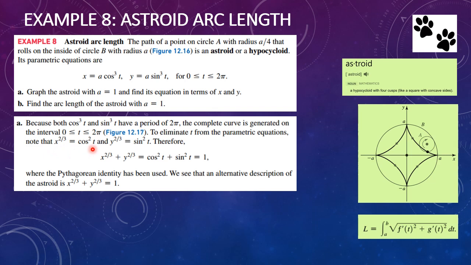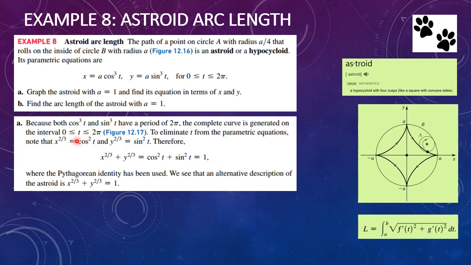Now there's a real solid reason for this, and it's again based on the Pythagorean theorem. And if we do the same thing for y, notice we get x to the 2/3 plus y to the 2/3 equals cosine squared plus sine squared, which of course equals 1 by the Pythagorean identity in trigonometry.